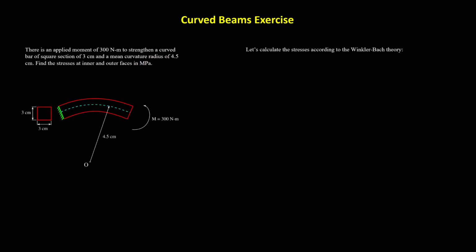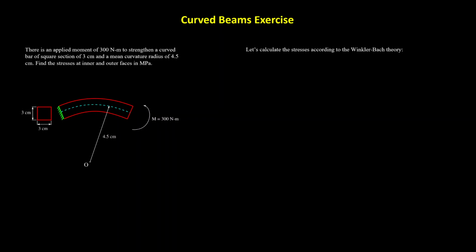To start applying our theory, this Winkler-Bach theory that we have seen here, we need to know a few things first. One important thing to notice is that we cannot apply the simple flexural formula given for straight beams to this problem. I said it before during the Q&A that I posted, but it is essential to mention here.